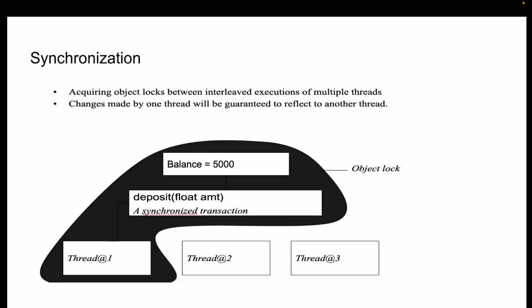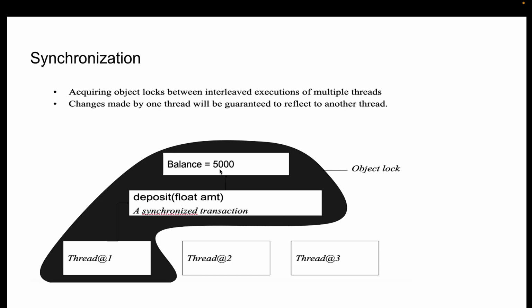So just see this diagram. Synchronization is basically acquiring object locks between interleaved execution of multiple threads. There are three threads, thread 1, thread 2 and thread 3, and this is the same example of the balance in the bank account.